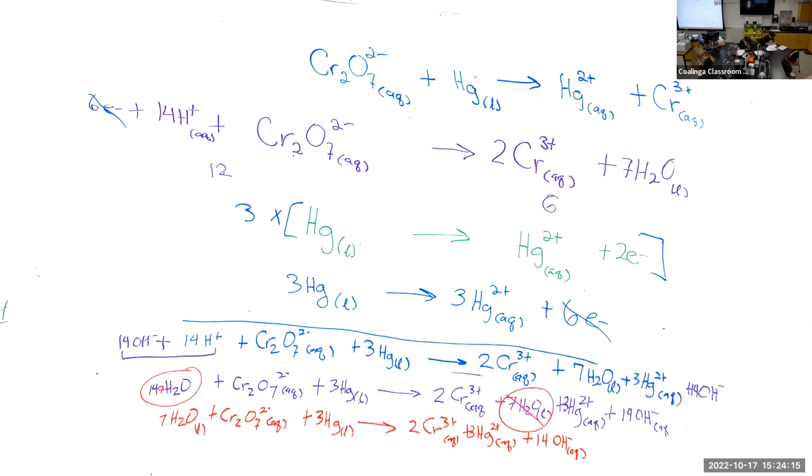Yeah, -2 here. 6, 12, 14 negatives. -2 on this side. -2 on that side. Questions?